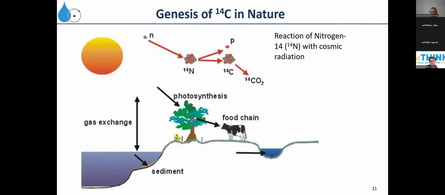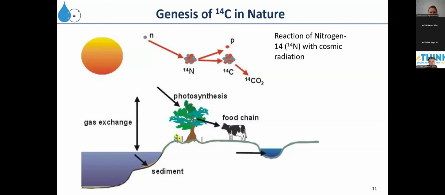Okay, why is it valuable to differentiate between biogenic and fossil carbon? Carbon-14 is produced in the high atmosphere by the reaction of nitrogen-14 with cosmic radiation. This is the only natural origin of carbon-14.